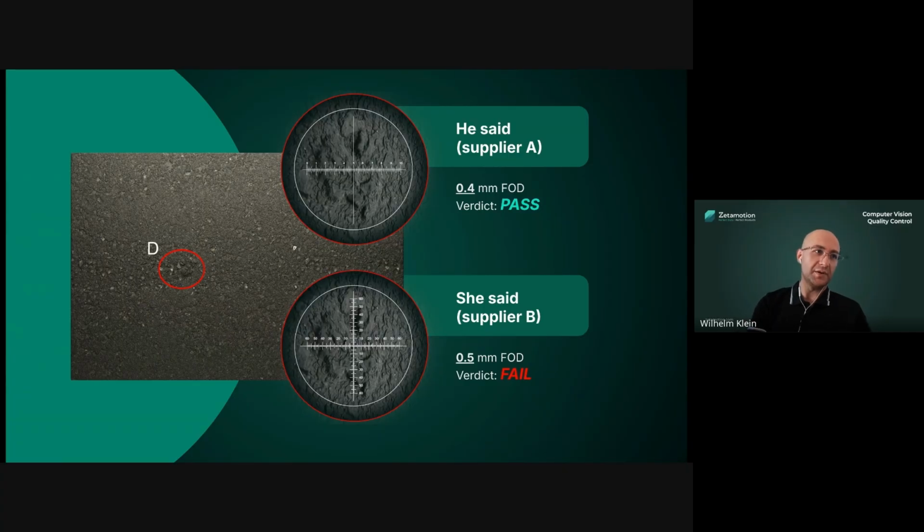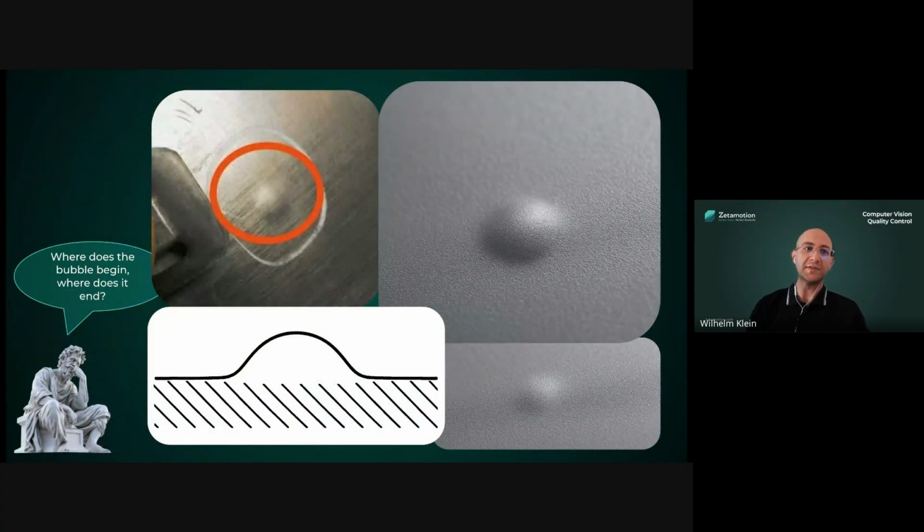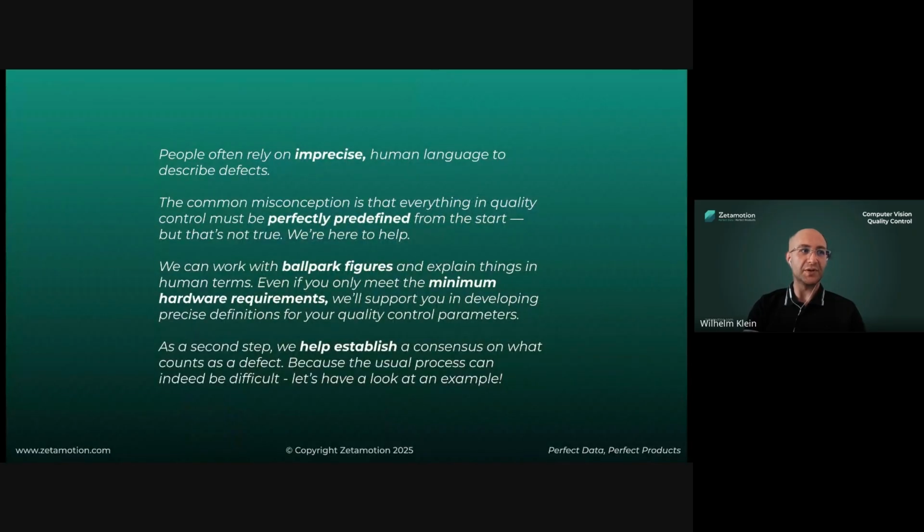So what our recommendation is instead is to actually get started already, right? Find, and it's kind of summarized in this very first one here, right? Find some ballpark figures in the first place, which are relatively easy to define, right? Okay, we need to assess certain defects at, let's say, a range between 0.1 and 2 millimeters. That's good enough. That is good enough to spec a hardware system to it and to start capturing data.